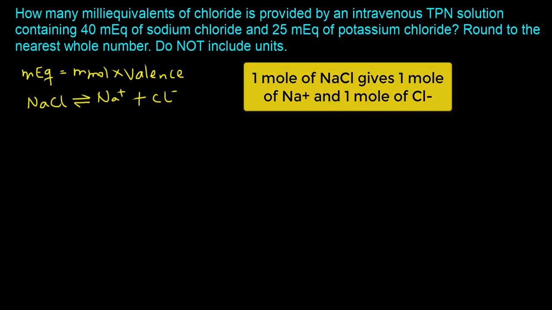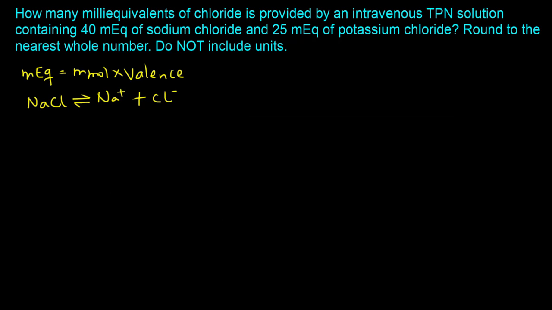And the reason that is significant is it means that if you know the millimoles of sodium chloride, you basically have the same millimoles of sodium cation and the same millimoles of a chloride anion. And so for the first example, we can go ahead and find the millimoles provided by the sodium chloride. So we will have 40 milliequivalent is equal to millimole times the valence of sodium chloride.